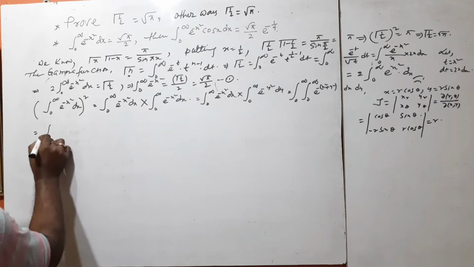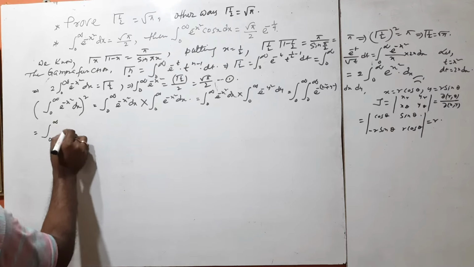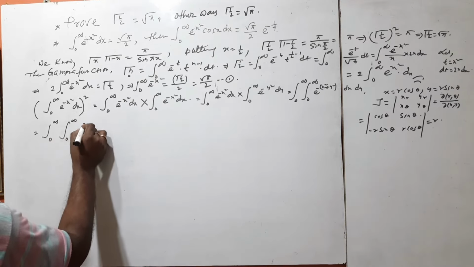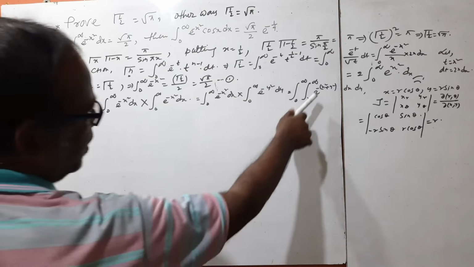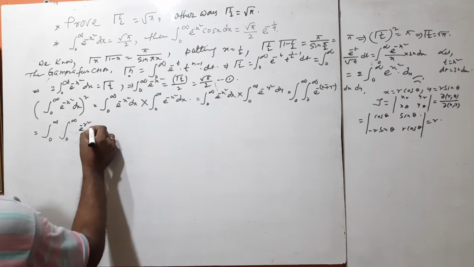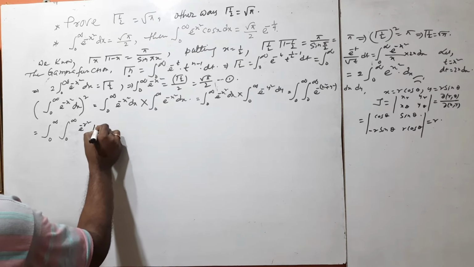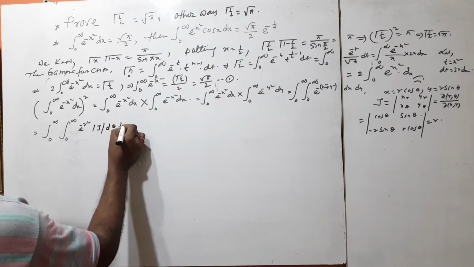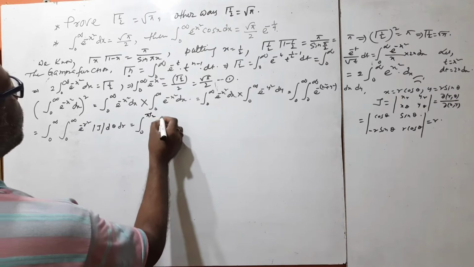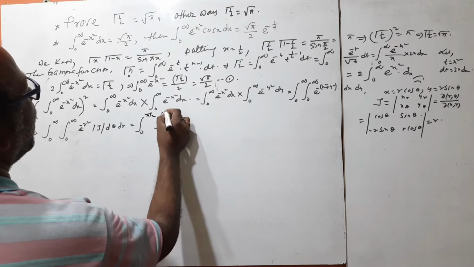Then we get the integral from 0 to infinity and 0 to infinity of e to the power minus (x square plus y square). Put x equal to r cos theta, y equal to r sin theta, then e to the power minus r square, d theta dr. Since the angle we rotate goes up to theta equal to pi by 2, theta is 0 to pi by 2, and the radius is 0 to infinity.